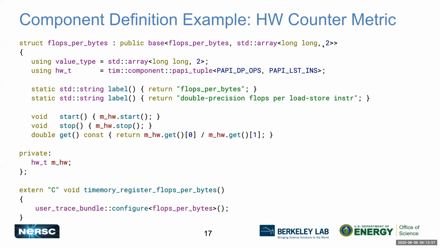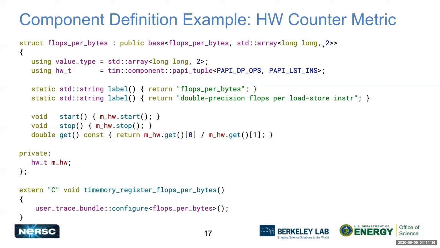The nice thing about Timemory is that the value type the get member function returns is not really related to the storage type at all. So you can store in an optimal way, and then when you provide a get function so that people can access that data, you can return a data type that is actually representative of the value.